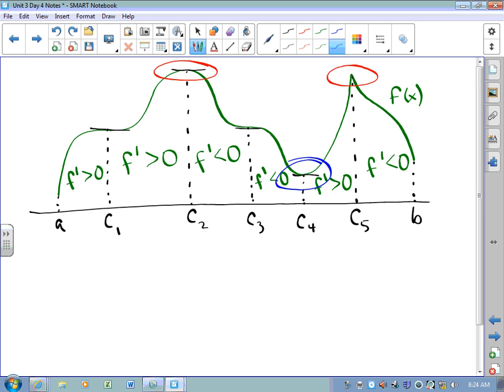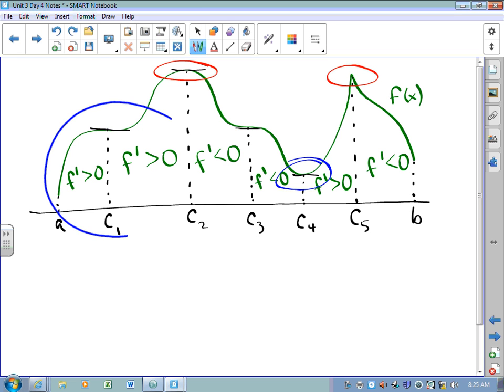Here's a place where the function is as low as it is in some open interval containing that point. What happens to the derivative at C4? f prime changes from negative to positive.